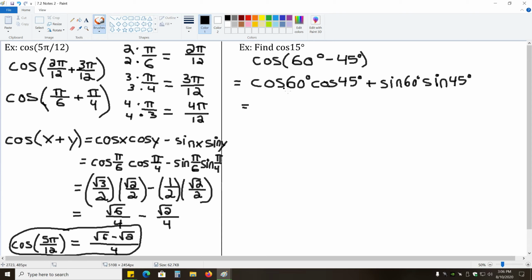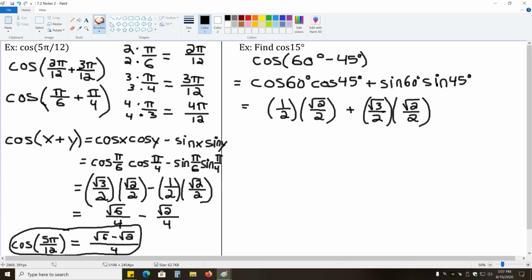Which gives us cosine of 60 degrees is 1/2 times cosine of 45 is the square root of 2 over 2 plus sine of 60 degrees is the square root of 3 over 2 times sine of 45 degrees is the square root of 2 over 2.